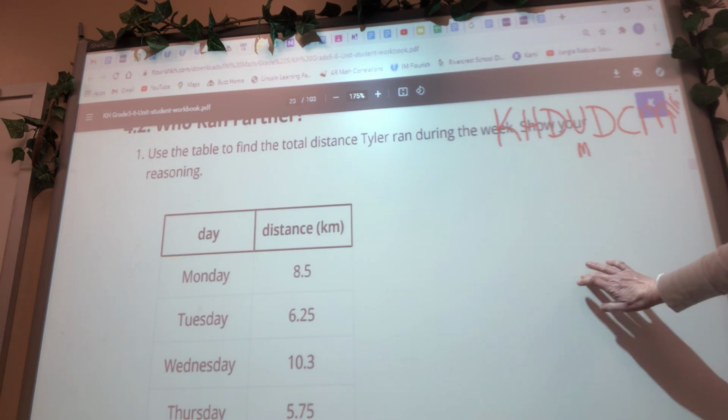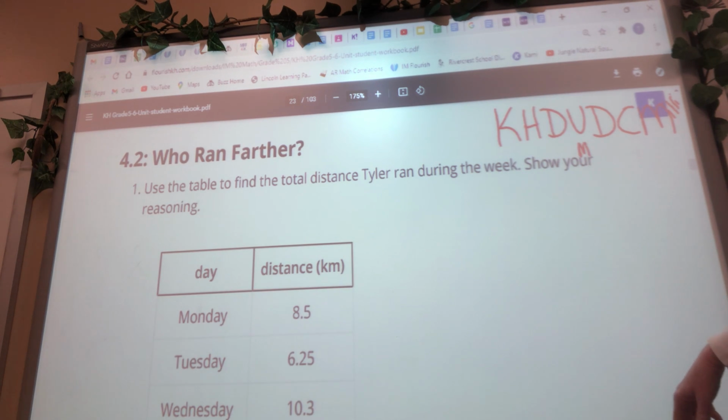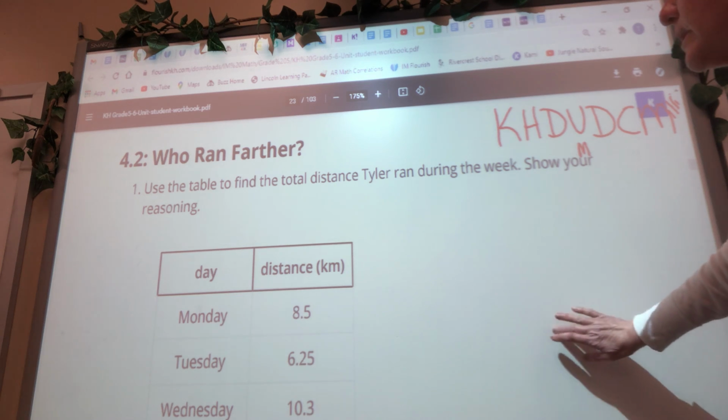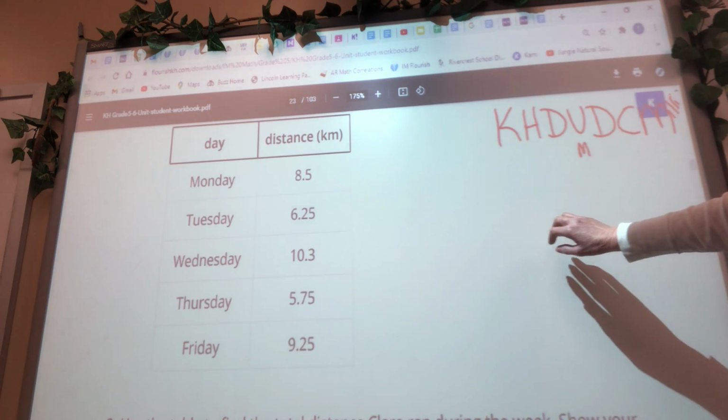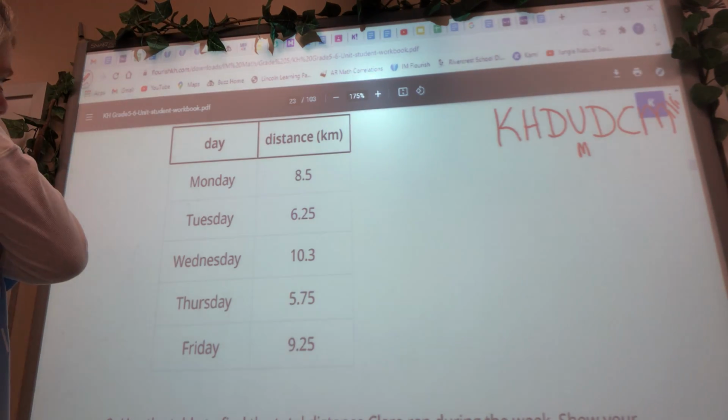All right, who ran farther? Use the table to find the total distance Tyler ran during the week and show your reasoning. All right, well, if we add all of these up, let's see.